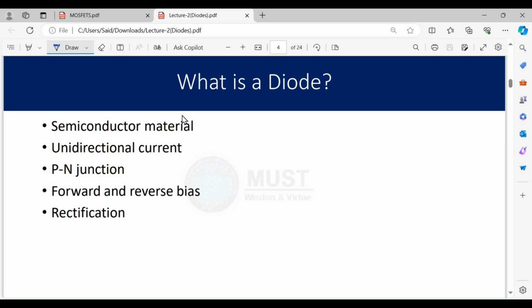And our diode is a unidirectional device. Unidirectional means it will allow current to flow only in one direction, in forward bias. In a PN junction, we have two different types, but this is not a different material; it is the same material made up of silicon, and we can also use germanium. This is the doping. We have p-type doping and n-type doping.